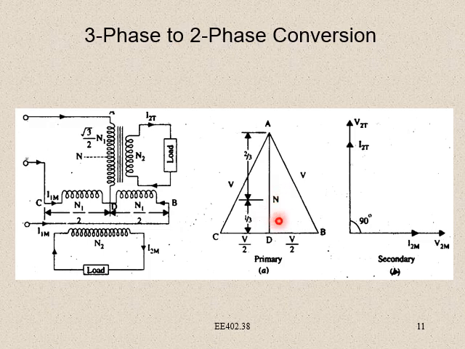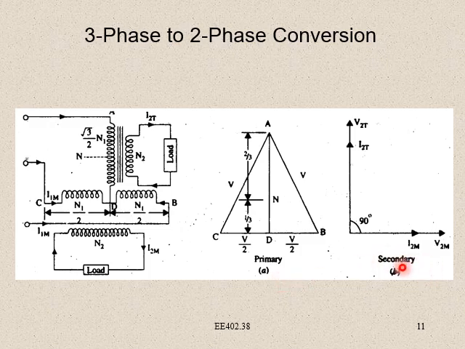In turn, if we just call it as N, then it is 2 by 3 divided 1 by 3. So from this, joining AC we get the voltage, AB we get the voltage, and CB is also the voltage total V, and CD has V by 2 and DB has V by 2. This is the primary side.